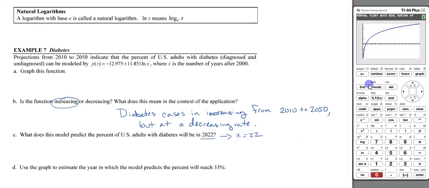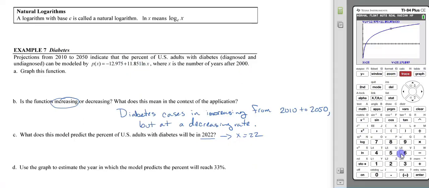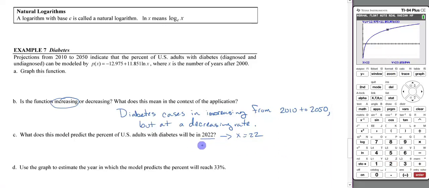We could look for 22 in the table, or we could do our trace and type in 22 and read off that screen, and yes, it shows there that the percent is going to be about 23.7%.